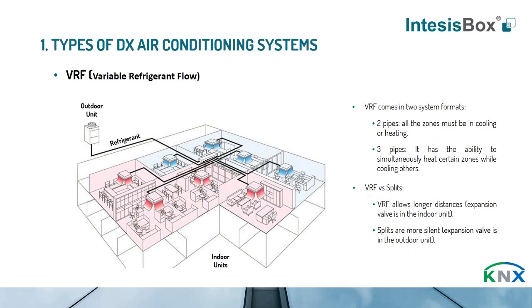It means if you have an office with different rooms, some of them can be cooled and some others can be heated. As I mentioned before, by using the multi-split you cannot have this functionality, but by using the VRF system, you can have it.